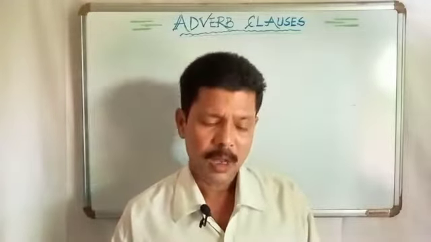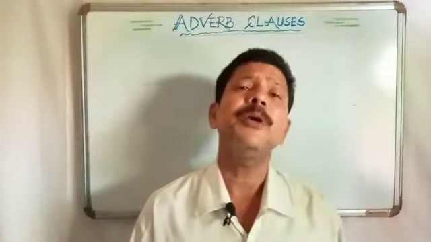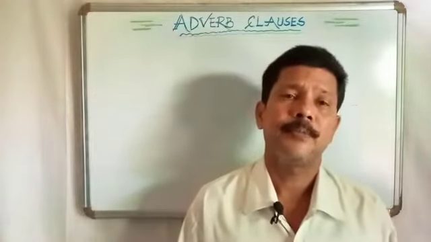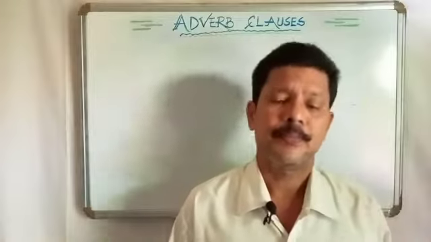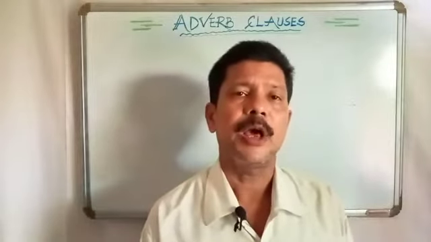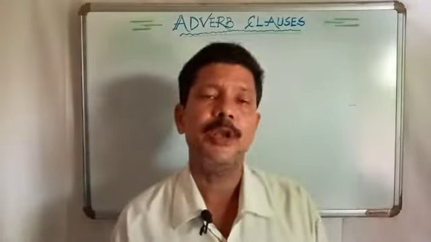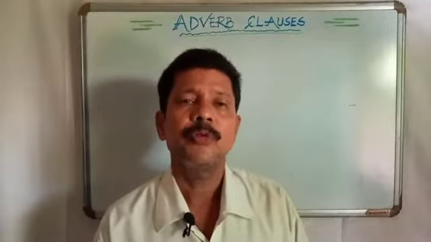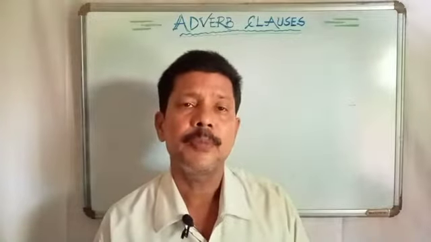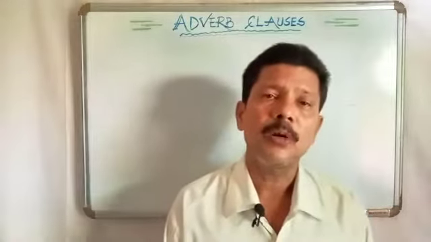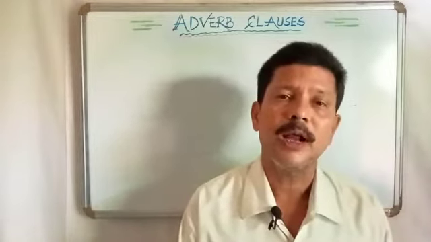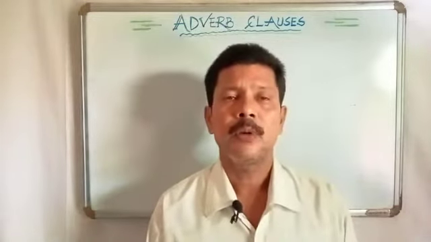So, how can you determine an adverb? Generally, an adverb can occur in three positions. Such positions are front position, mid position and end position.